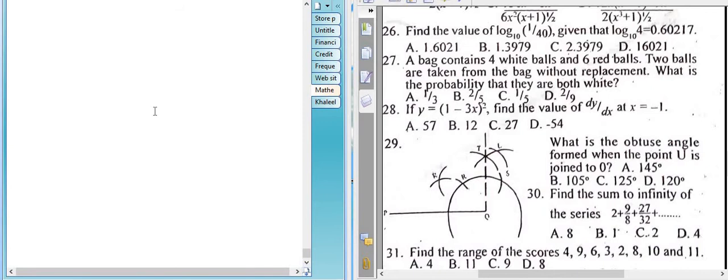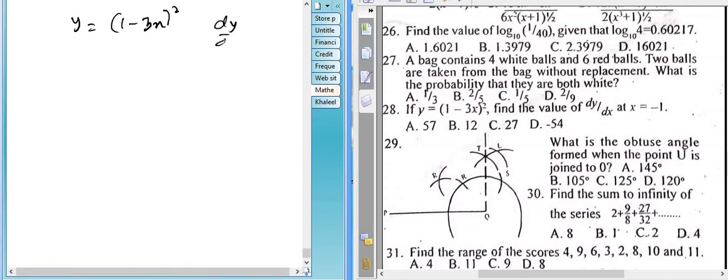Question number 28 says if y is (1 minus 3x) all squared, then find dy/dx if x is equal to -1. I think we solved these questions. So the differential of this, that's dy/dx, is going to be the 2 at the back, that's times 2.